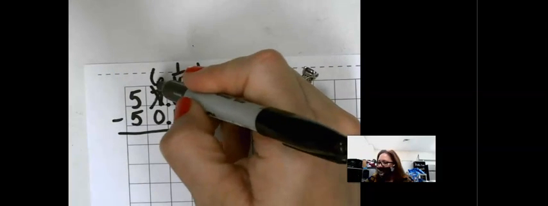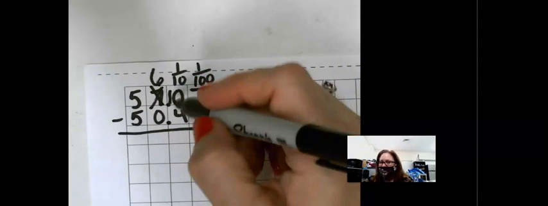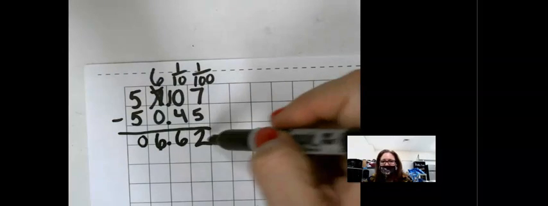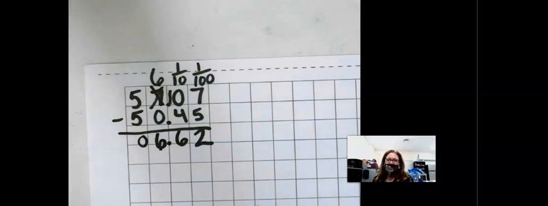We now have 6 ones, and we have 10 tenths. Okay, 10 minus 4 we can do. That's 6. Drop down the decimal point. 6 minus 0 is still 6. And 5 minus 5, of course, is 0. So that leaves us 6 and 62 hundredths kilometers.